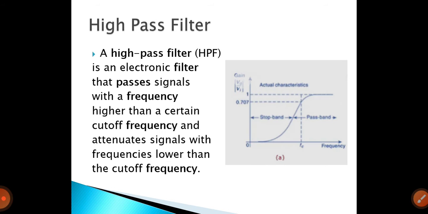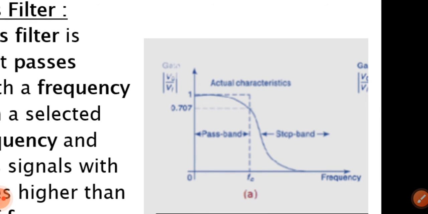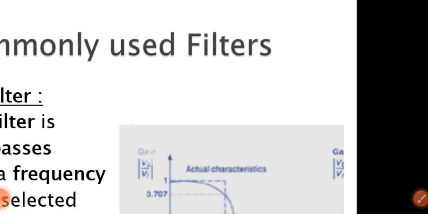This is the frequency response of the Butterworth filter, and this is the frequency response of the low pass filter. You have to see the difference between these two. This is a normal low pass filter, and this one is a Butterworth low pass filter.